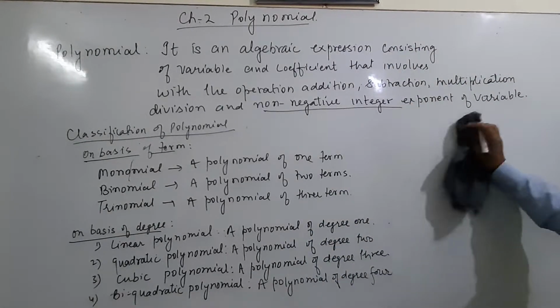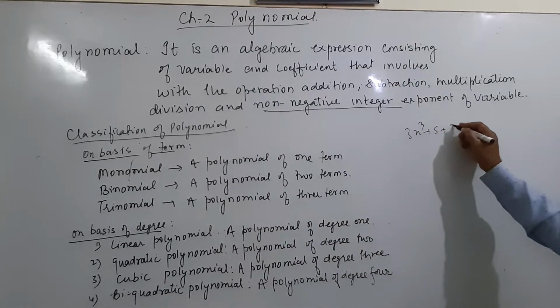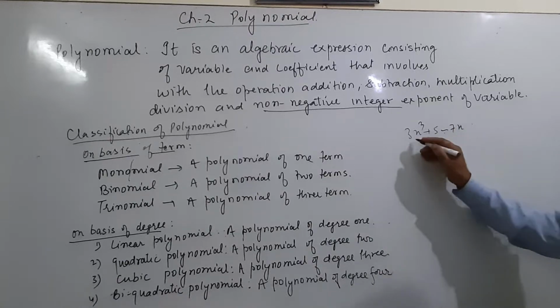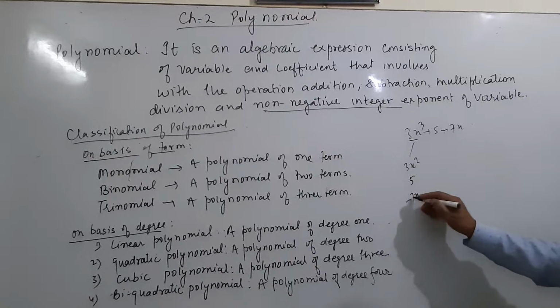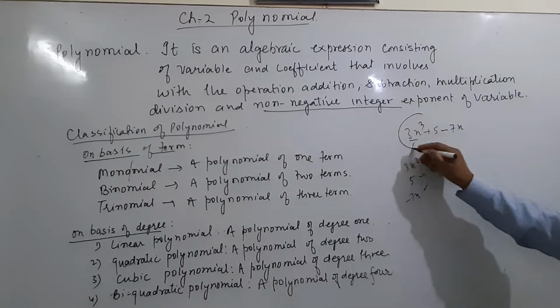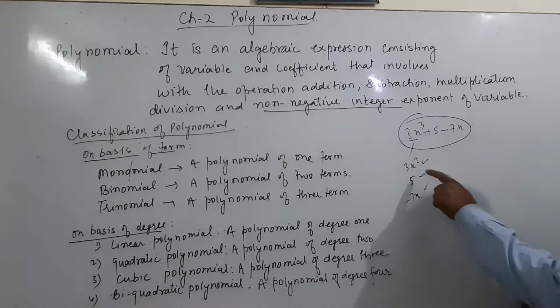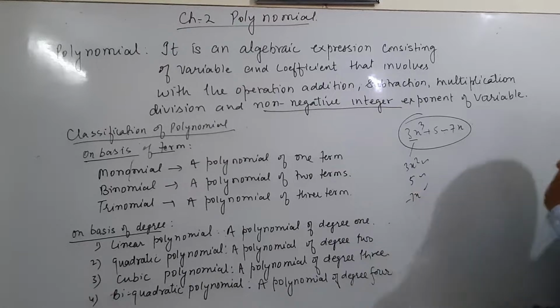And what is the example? 3x square plus 5x minus 7. Here is one term 3x square, 5x is the other, and minus 7. 1, 2, 3. This polynomial consists of 3 terms.